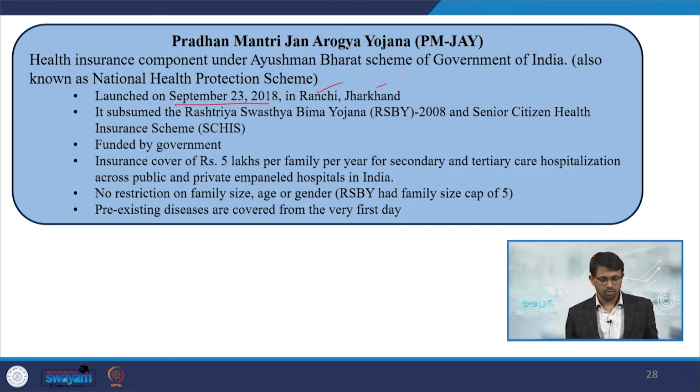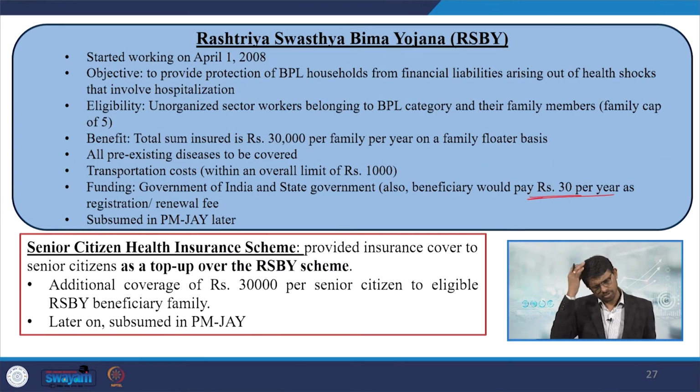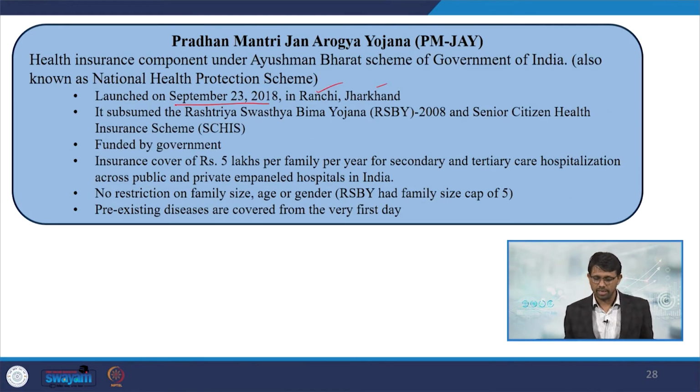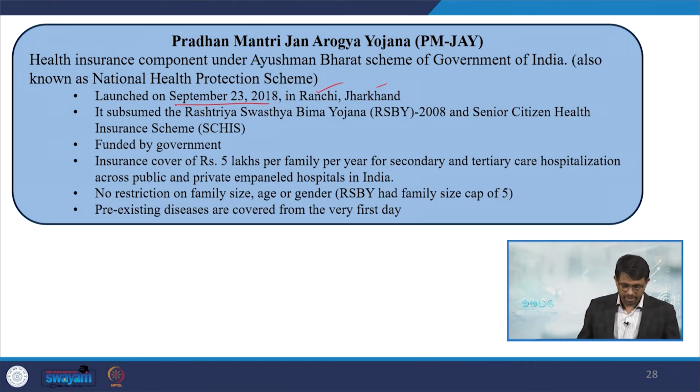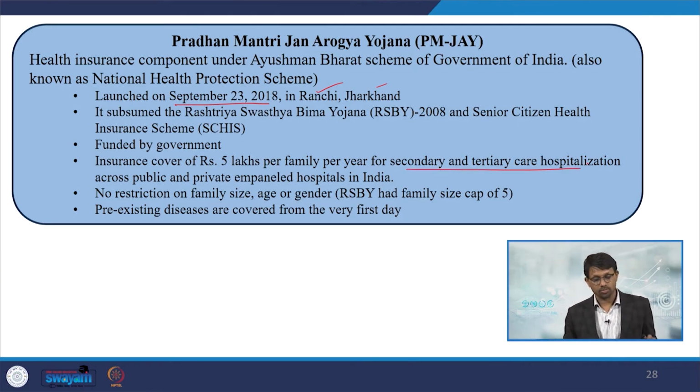It subsumed the RSBY, introduced in 2008, and also covered the senior citizen health insurance scheme. This is funded by the government, and the insurance cover is rupees 5 lakh per family per year for secondary and tertiary care hospitalization.